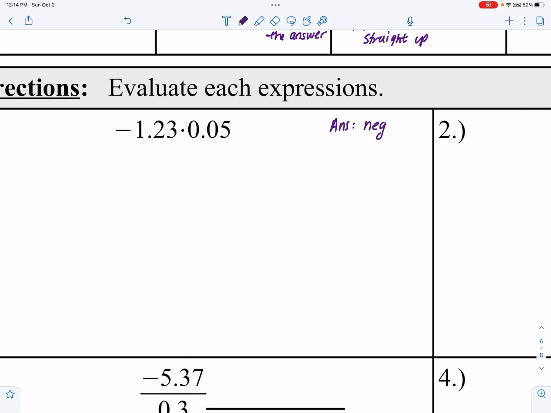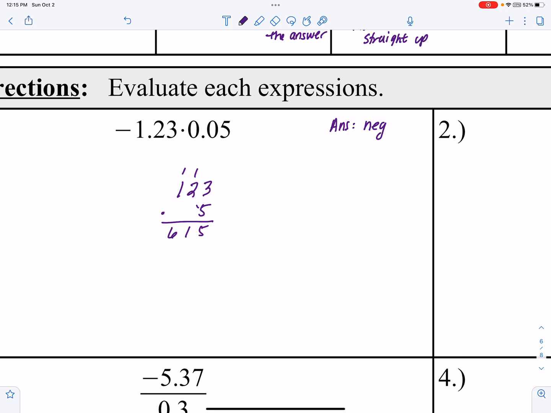All right, now my rules for multiplying decimals were forget about the decimal completely. And so we just write 123 times 5, okay? And then I'm going to go ahead and solve that. 5 times 3 is 15. 5 times 2 is 10, plus 1 is 11. And 5 times 1 plus 1 is 6.